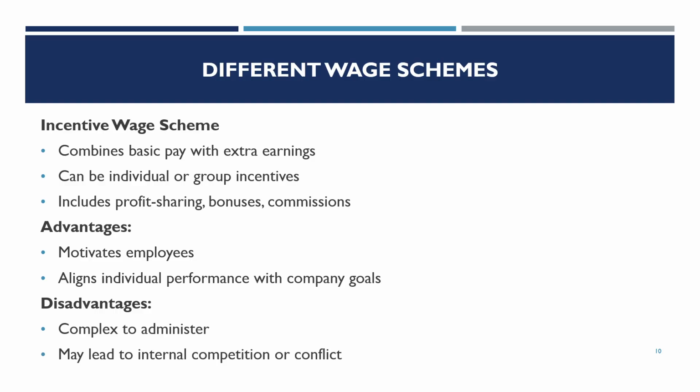It provides a fixed basic salary plus variable incentives, and incentives may be linked to individual performance, team output, or the overall company profits. So the incentive wage scheme is a combination of basic pay with extra earning, in a group or individually, depending on the overall company profit.